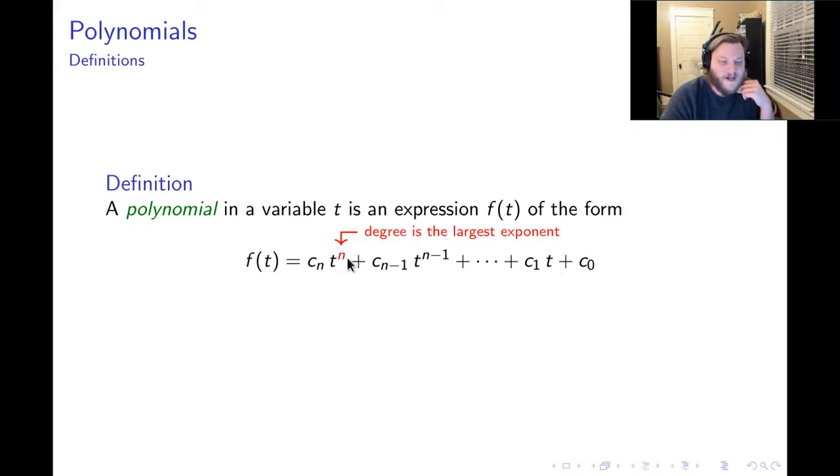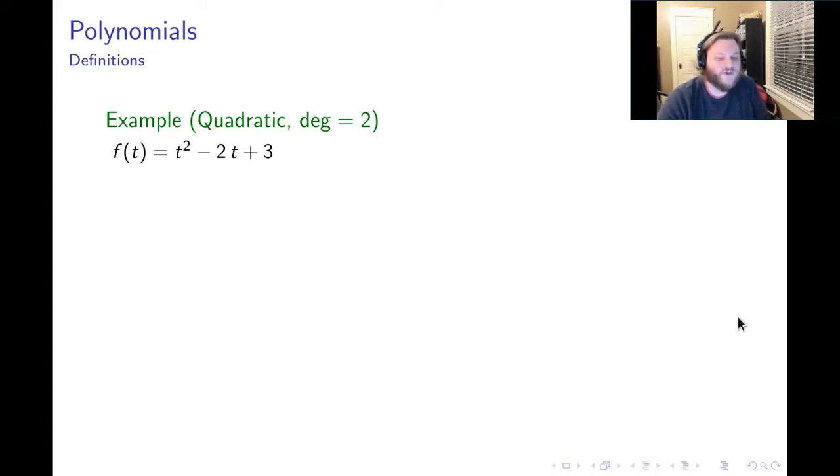So this number n, which is the highest power of t here, is called the degree of the polynomial. And we call a polynomial monic if the leading coefficient, so the coefficient of t to the n, is equal to 1.